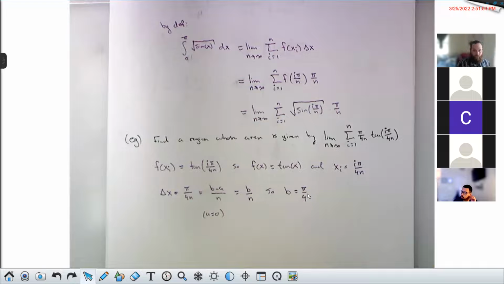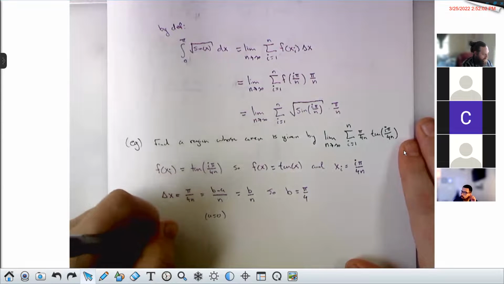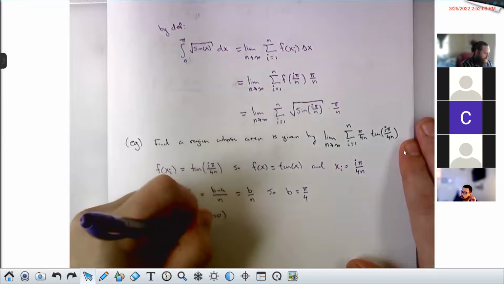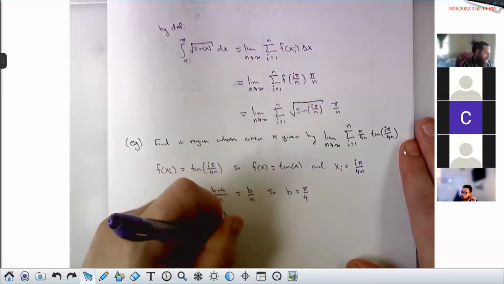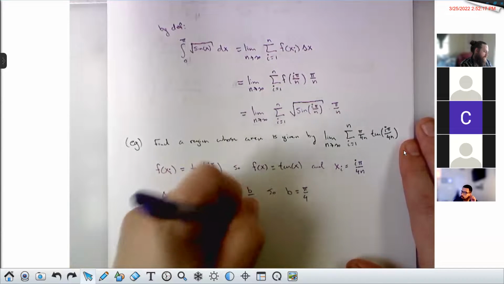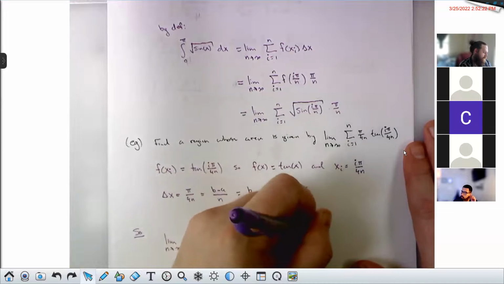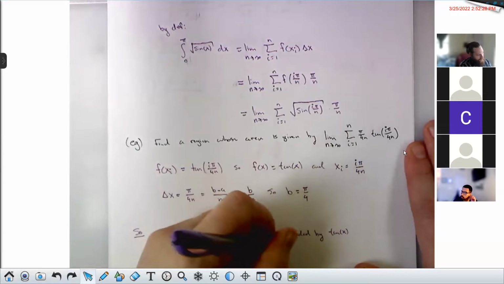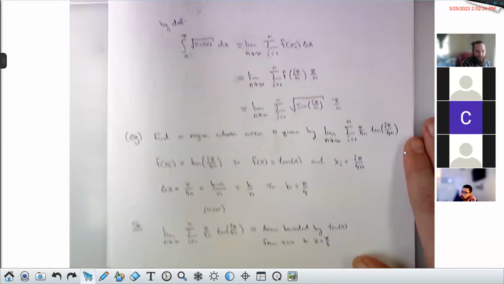In other words, this limit is measuring the area under the tangent function from x equals 0 to x equals pi over 4.